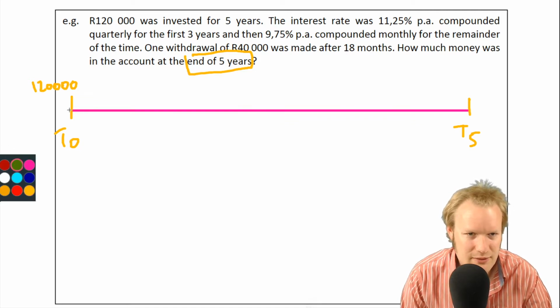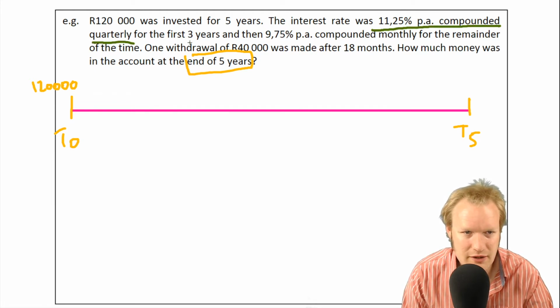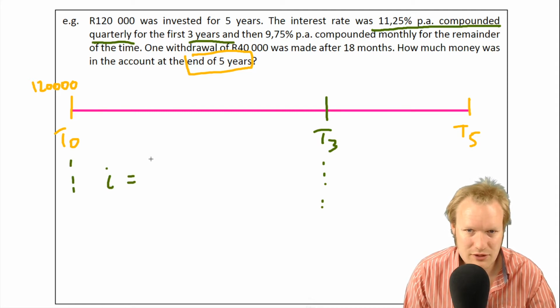Okay, so let's now keep track of all the things that have happened. Interest rate is 11% per annum compounded quarterly for 3 years. So at T3, life's going to change for the interest rate. I equals 11.25% per annum compounded quarterly.